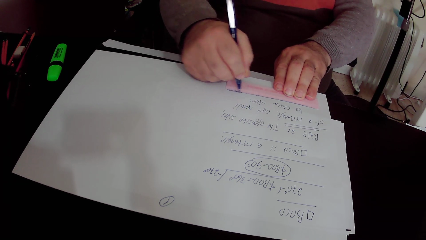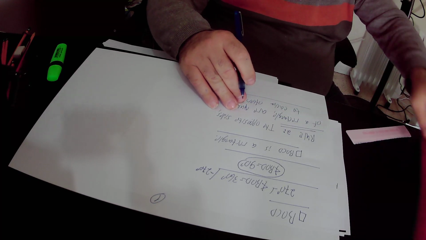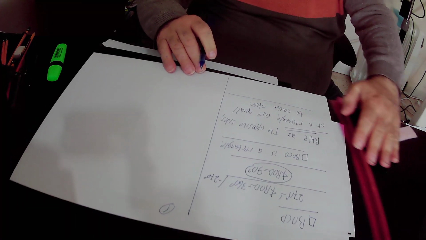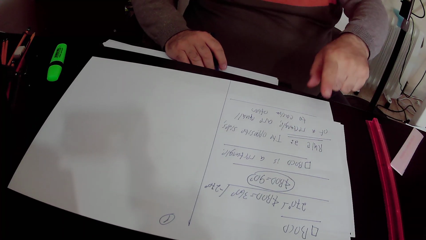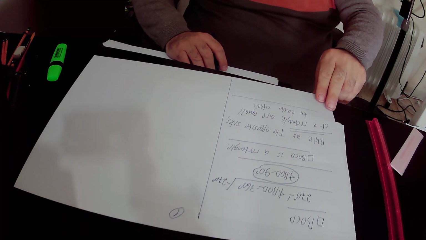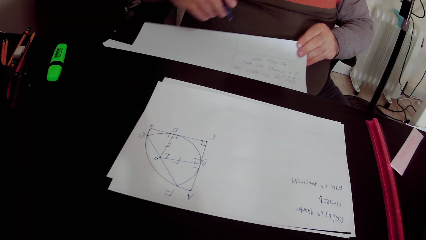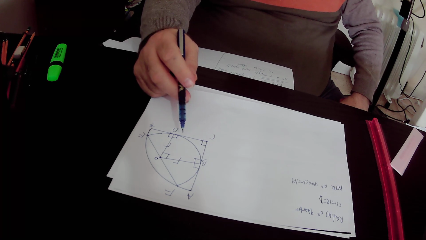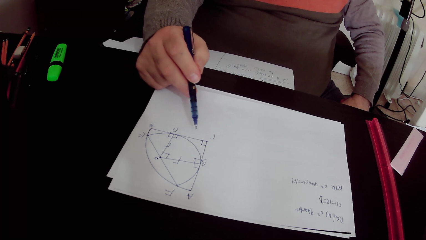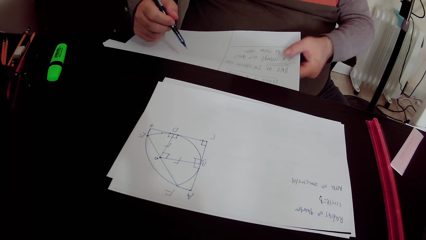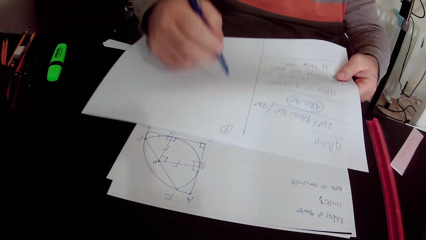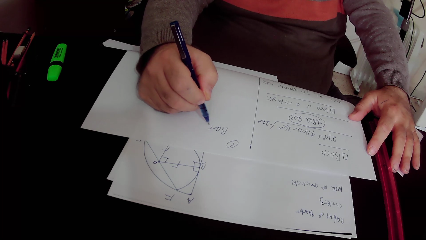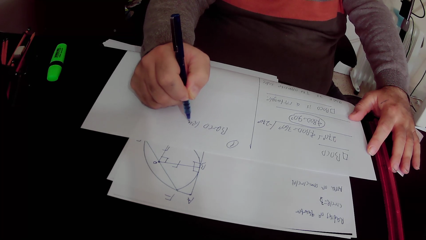So actually, the opposite sides of rectangle BOCD are equal to each other. That is to say, side BO must be equal to side CD. BO equals CD according to rule number 2.